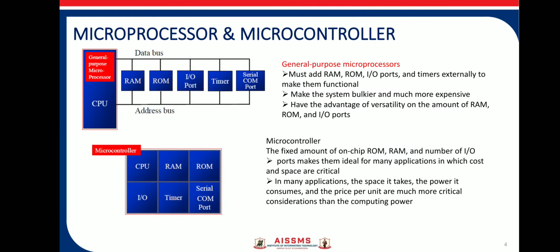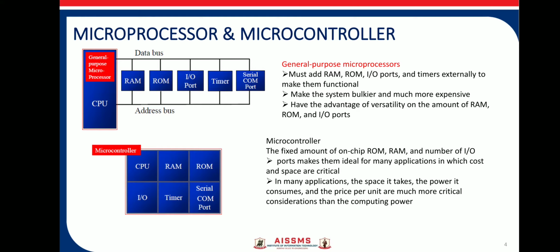This is a basic diagram of the difference between the microcontroller and the microprocessor. The general purpose microprocessor has separate RAM, ROM, IO ports, timers and serial COM ports. They are not inside the CPU.